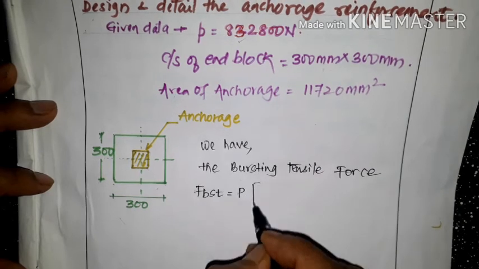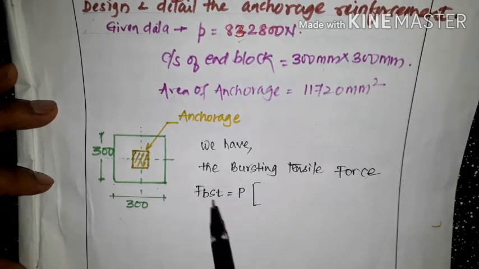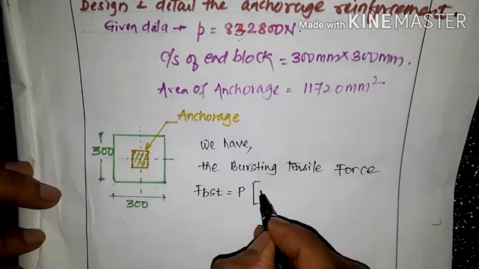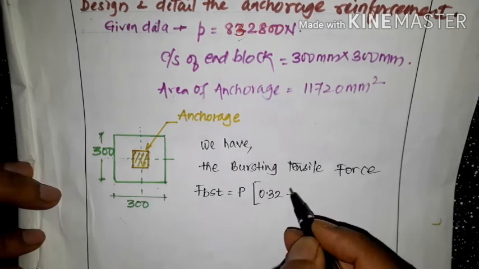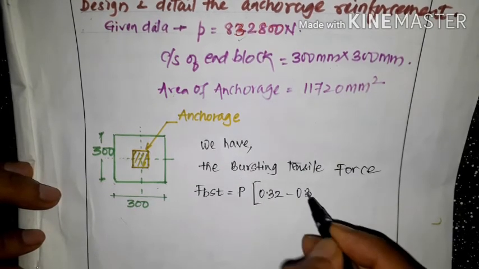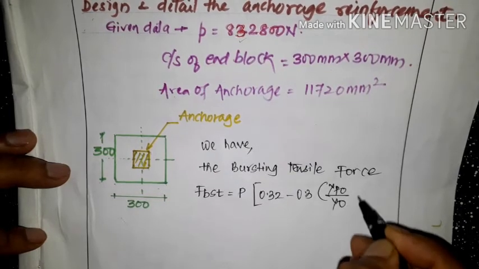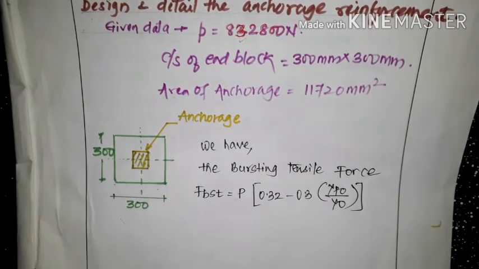For that we have to design the anchorage system. Until and unless you know how much bursting force is developing in the concrete, you cannot design the reinforcement. I have already discussed the formula: 0.32 minus 0.3 into bracket of yp naught upon y naught.